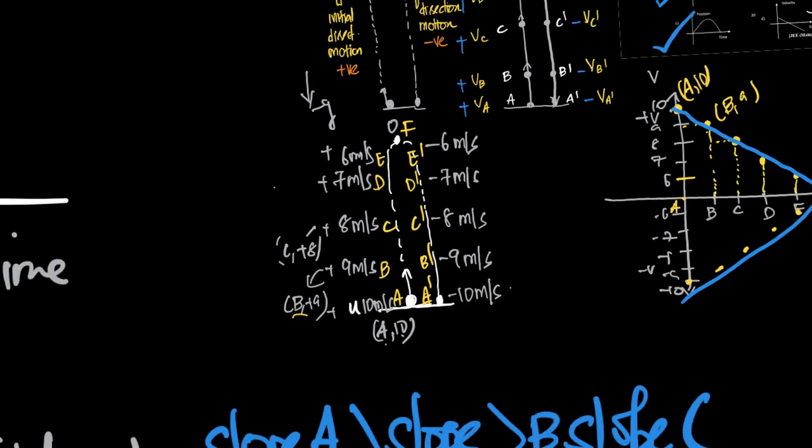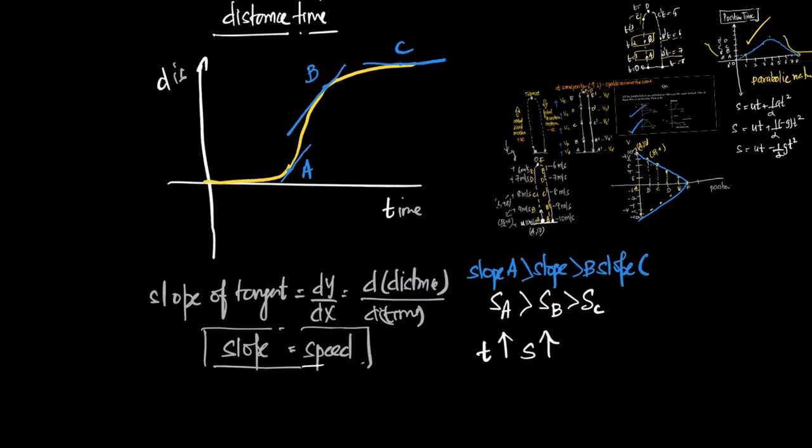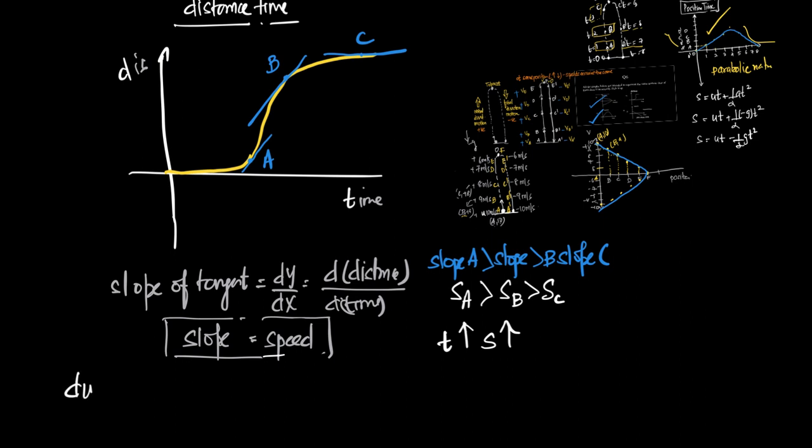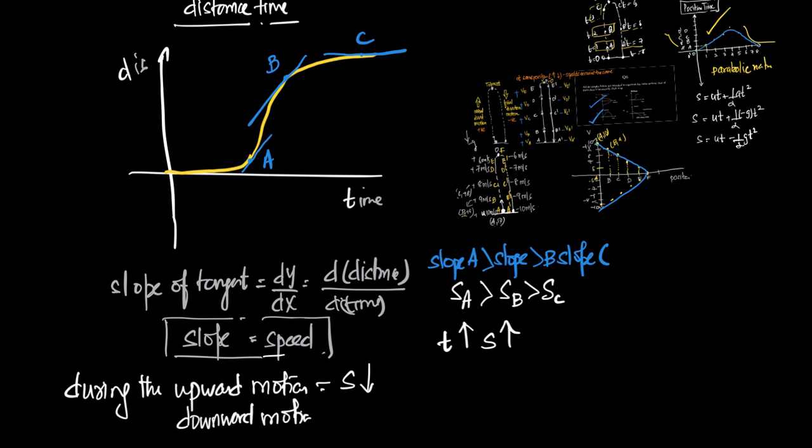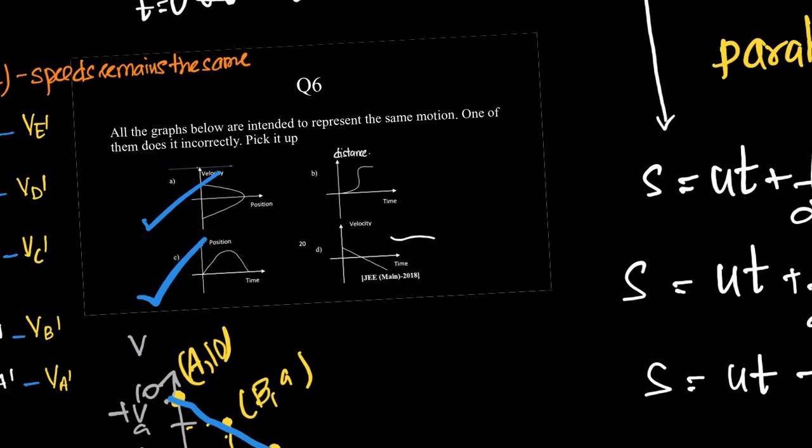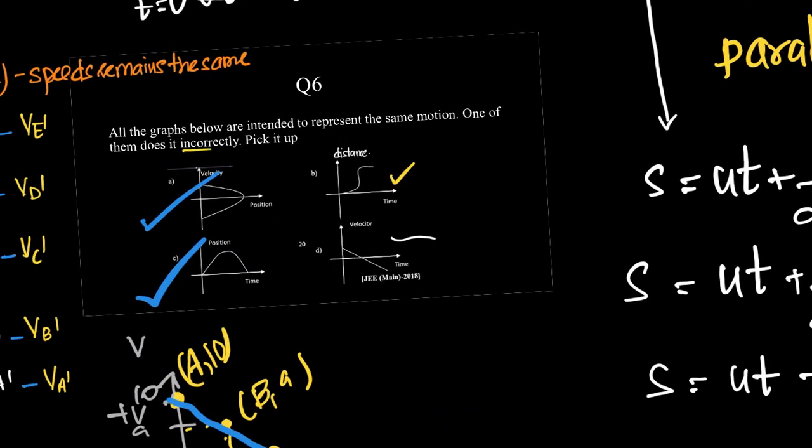So if we write it down, we can say that during the upward motion, speed actually decreases, but during the downward motion, speed gradually increases. But this graph gives us an impression that speed is always increasing, and therefore this is a wrong representation of the graph. So the correct option here, since we are to pick the incorrect one, is option C.